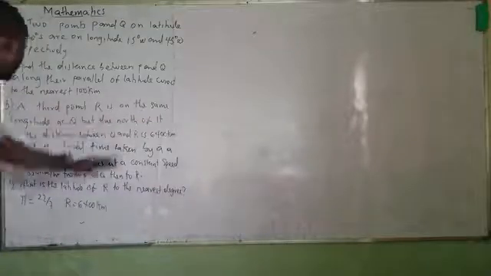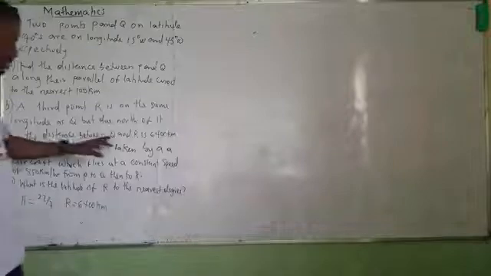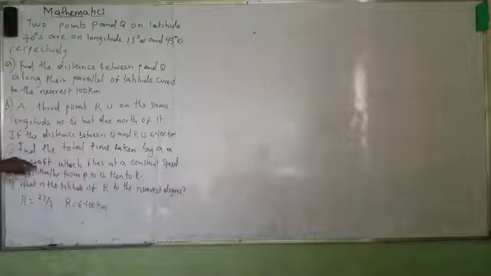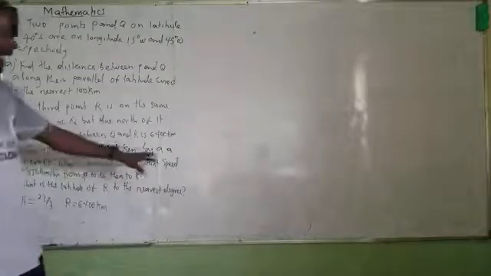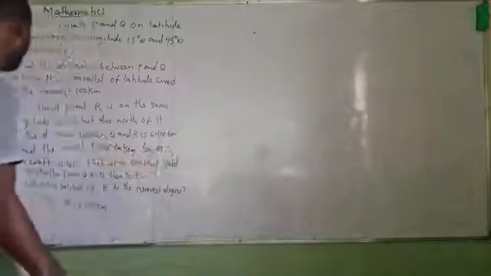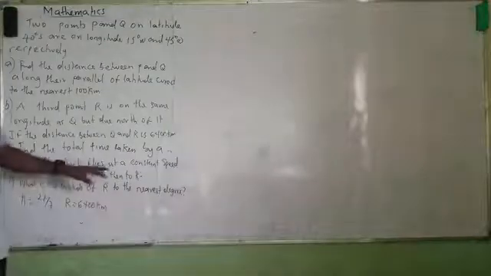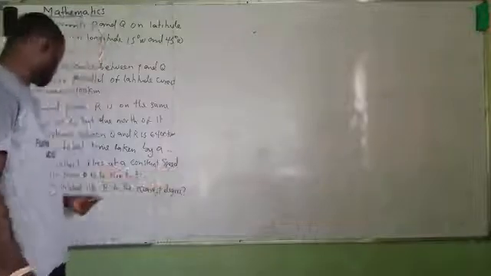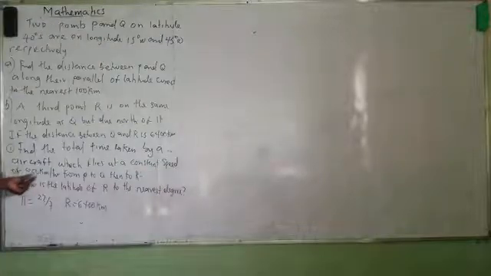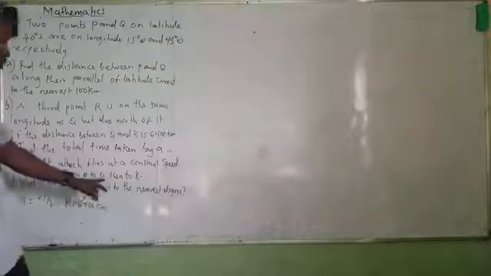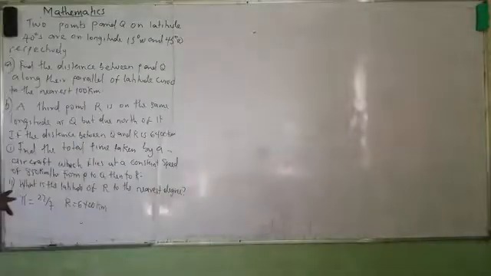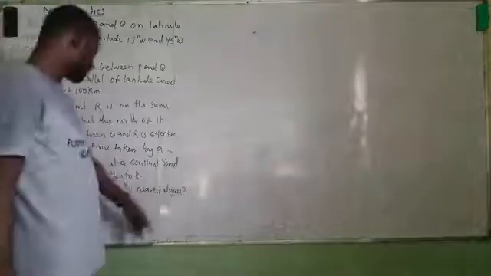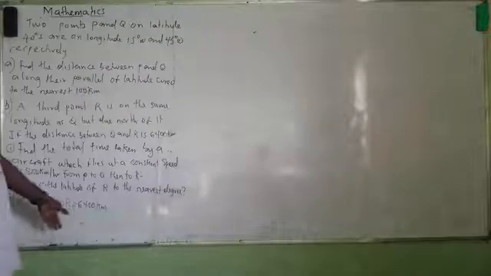If the distance between Q and R is 6,400 kilometers, find the total time taken by an aircraft which flies at a constant speed of 850 kilometers per hour from P to Q, then to R. 2. What is the latitude of R to the nearest degree? Taking pi as 22 over 7.